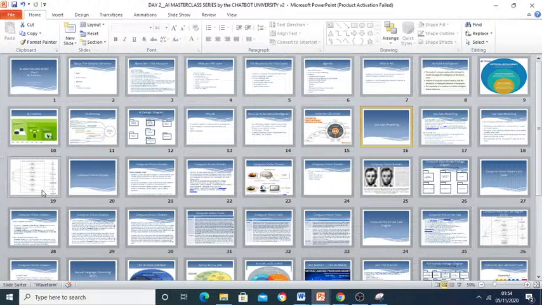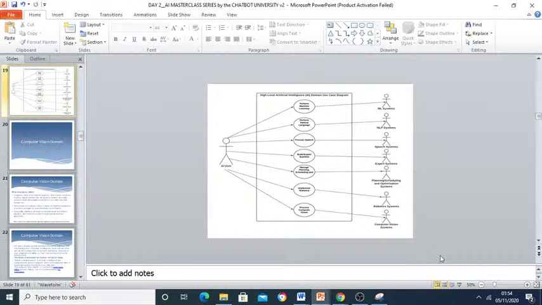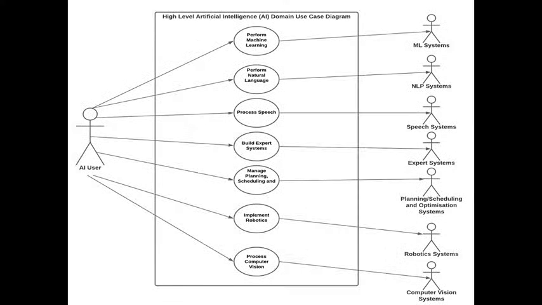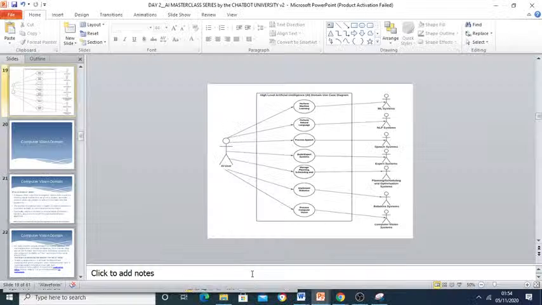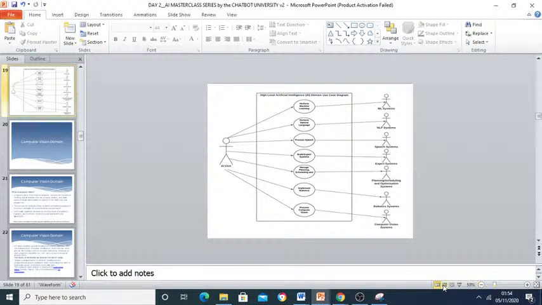So far, I've helped you understand the use case diagram for the artificial intelligence domain. You can see it involves machine learning, NLP, speech recognition, expert systems, managing, planning, scheduling and optimization, robotics, the implementation of robotics, and also the processing of computer vision.